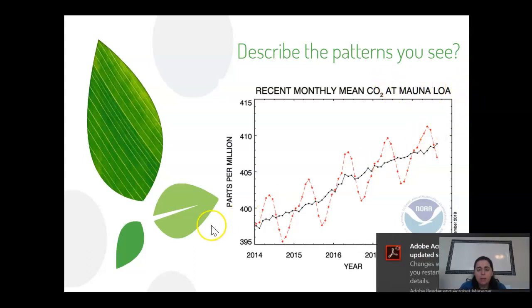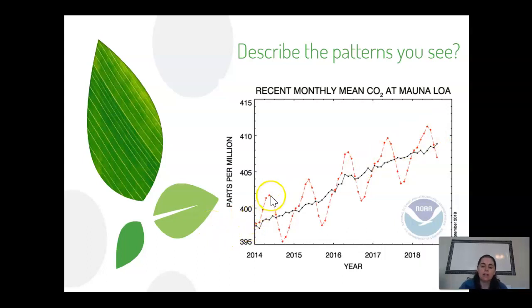And that, after you've paused and looked at, you're going to hopefully see that there is this lovely seesaw pattern that shows seasonally how much carbon dioxide is changing in our atmosphere, but the general trend is upward.